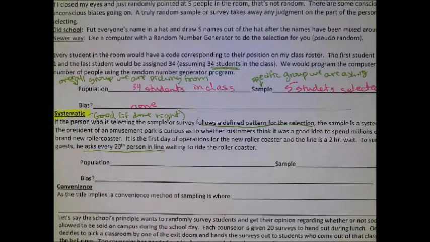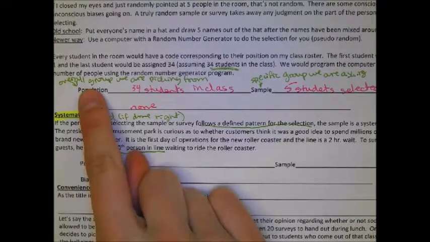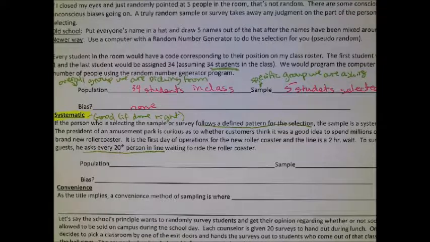Go ahead and I want you to fill out what you think the population is. So what is our overall group? What is the sample? What is the specific group we're asking? And then could there be any bias?